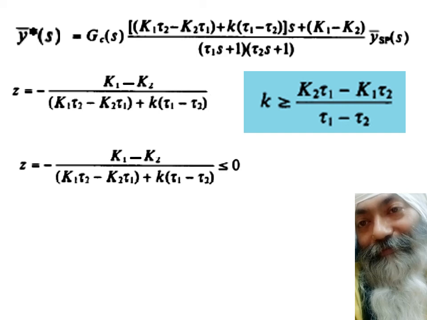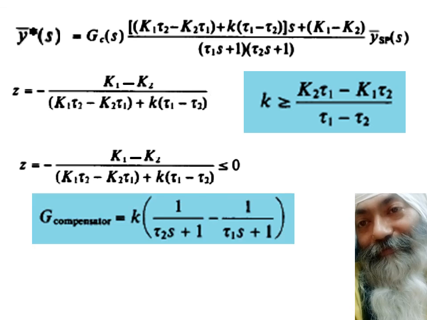And once we say that this zero is negative, I had told you in the beginning that positive zero means inverse response. And if this zero becomes negative, it will no longer be showing any kind of inverse response. We can say that we have, in this manner, applied the compensator which was making use of this k, and this k used in this compensator was designed making use of this inequality.